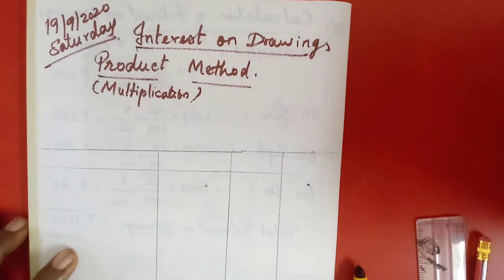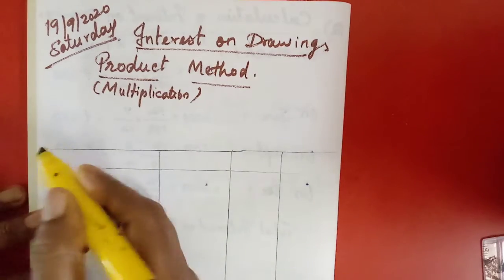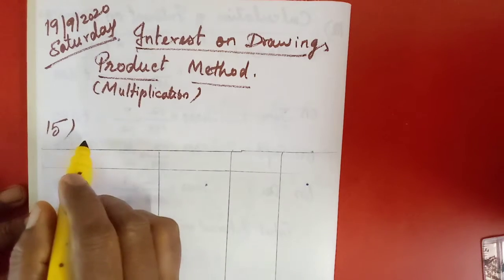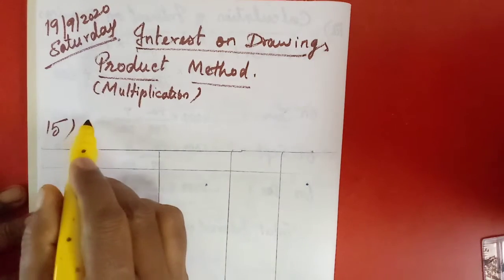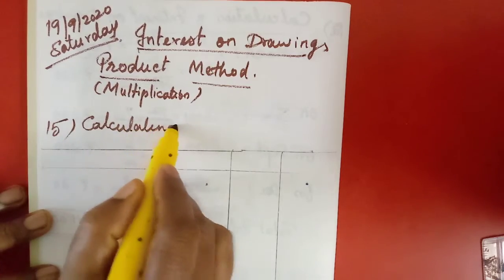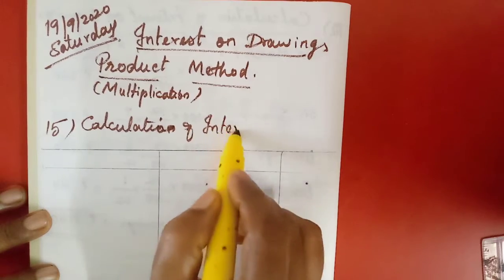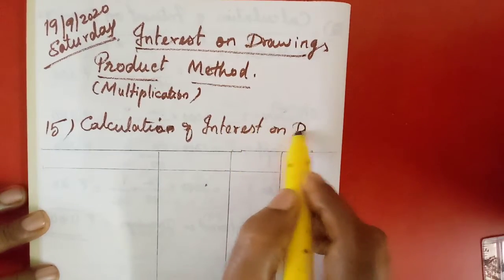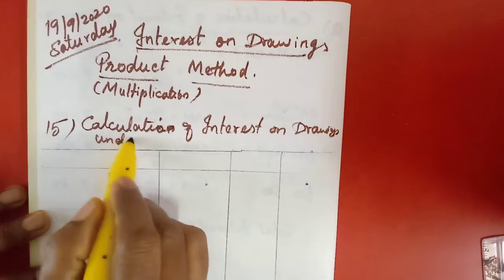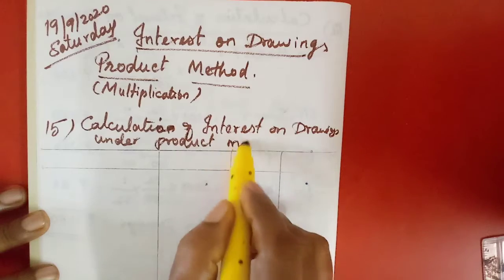So in total we need to draw 4 columns. First, the number: Illustration 15. That's very important. Then, calculation of interest on drawings under product method.